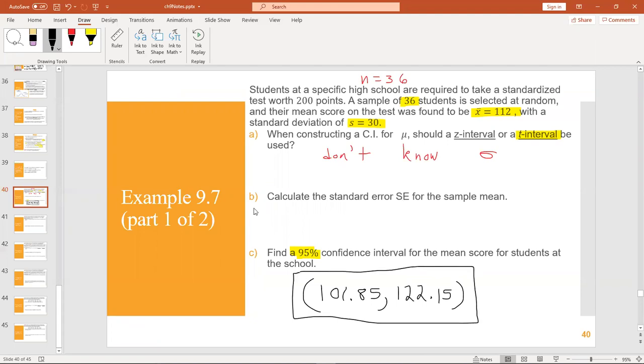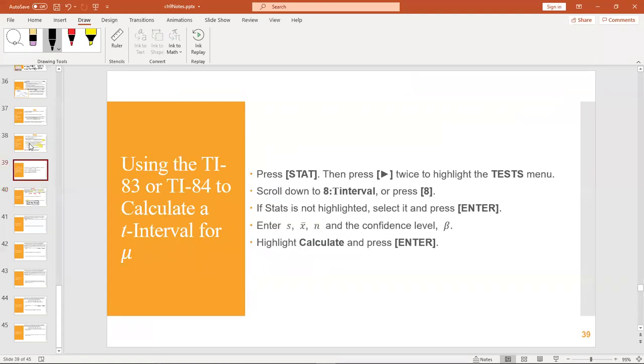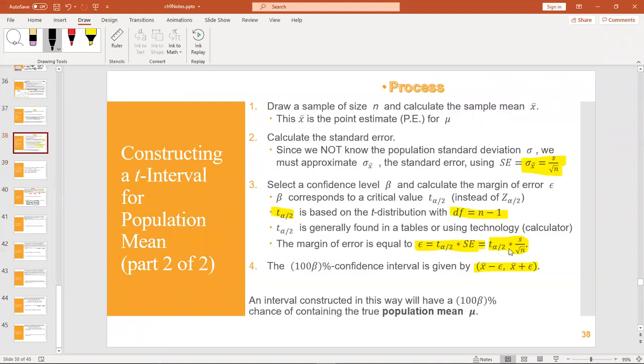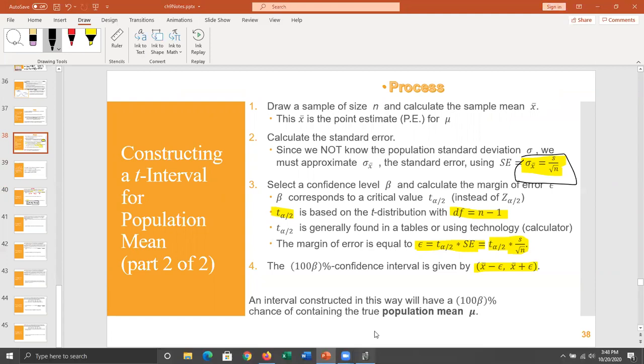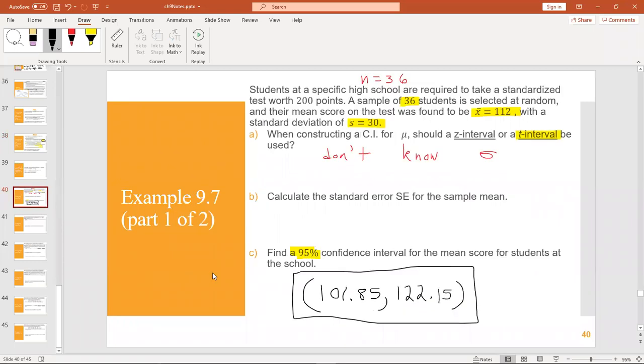Oh, and then actually this is the standard error. So the standard error is S divided by square root of N. That's not what I want. I want this right here.